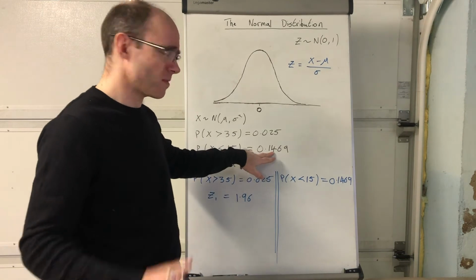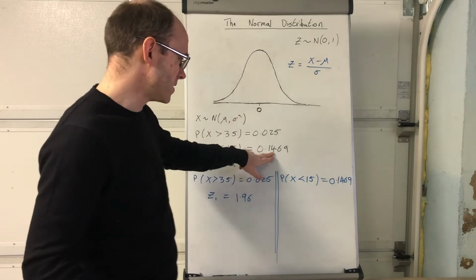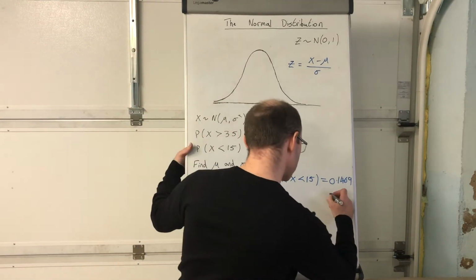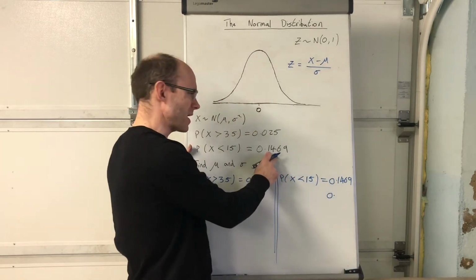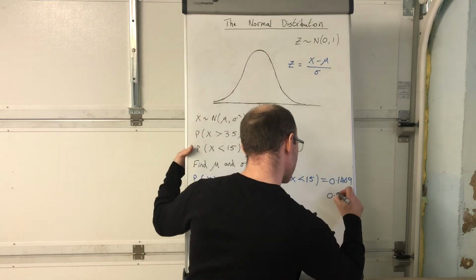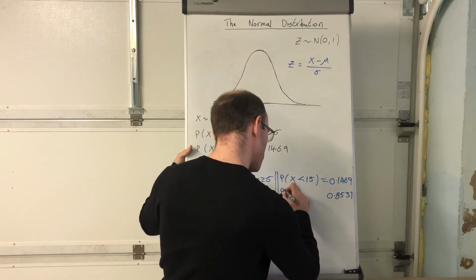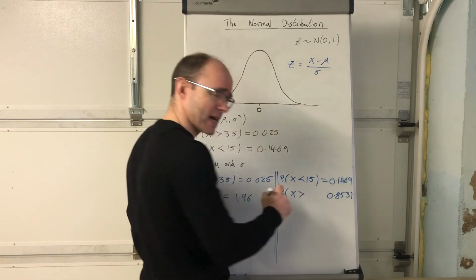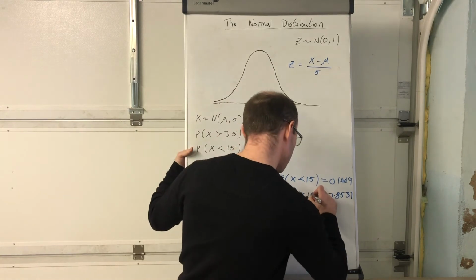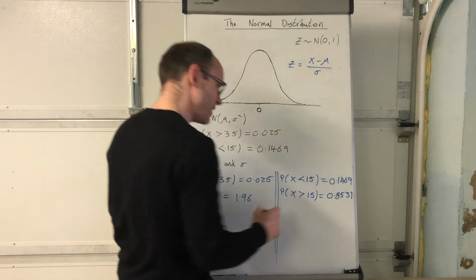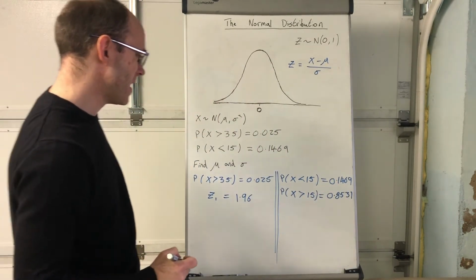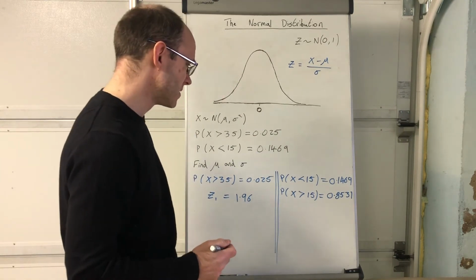Only, of course, it goes from 0.5 upwards, so we're going to have to look up the difference between that and 1, which is 0.8531. And of course, that will correspondingly be probability x is greater than 15 equals 0.8531.